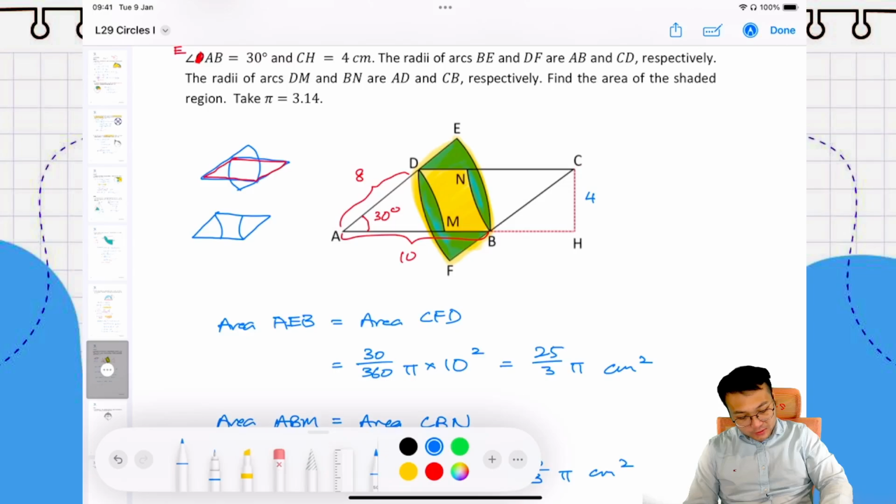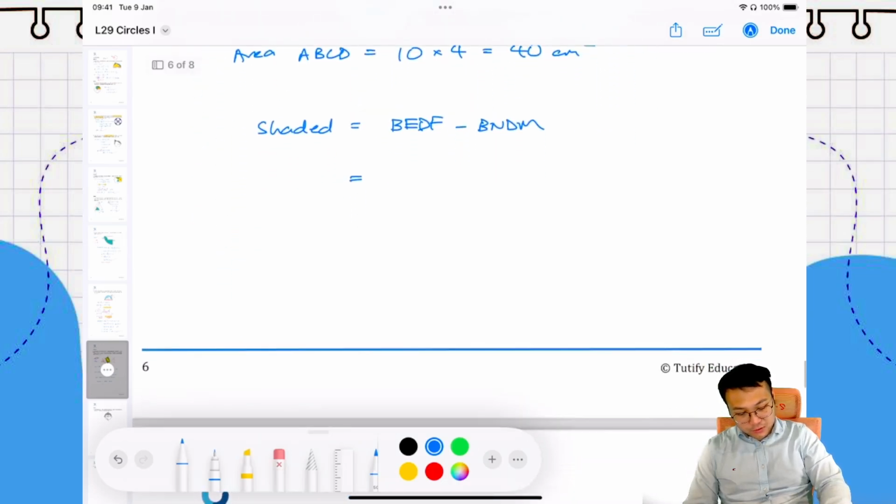Then you will be able to get the thing in the middle. Okay, so let's write it down. 2 pizzas minus the parallelogram minus, okay, so this is BEDF minus BNDM.